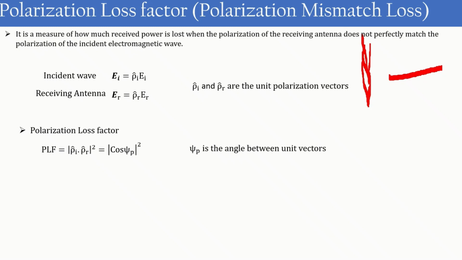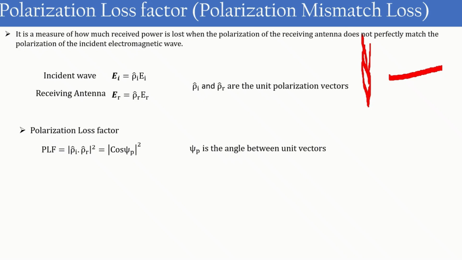The polarization loss factor is defined as the dot product of these two unit polarization vectors, that is, the unit polarization vectors of the incident wave and the receiving antenna, squared. So this is how the polarization loss factor is defined.